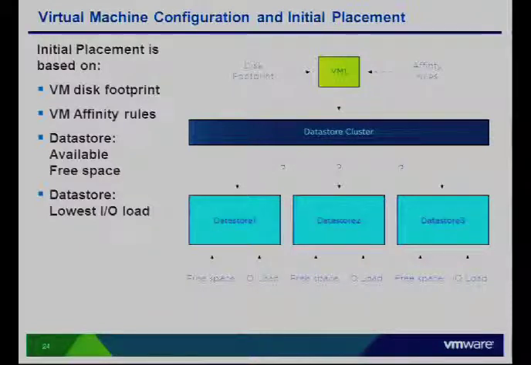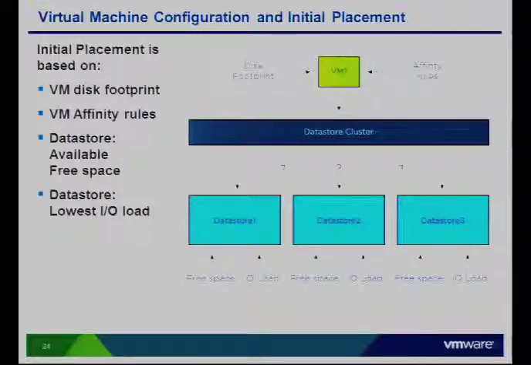It also looks at the affinity rule. Do I need to place all the disks of this virtual machine on one datastore, or can I spread them across datastores in my datastore cluster? When selecting a datastore, it will look at the free space of the datastore, and it will also look at the I/O load of the datastore.